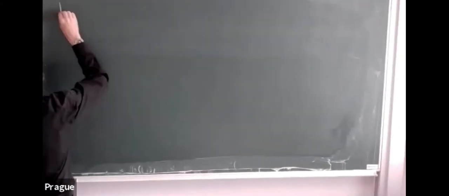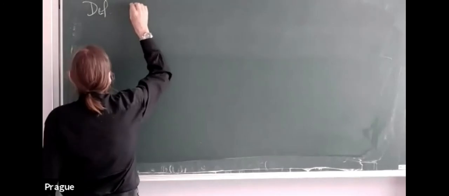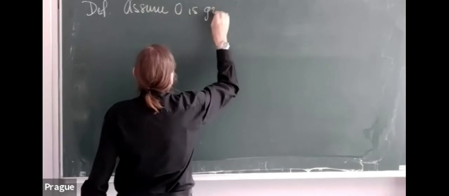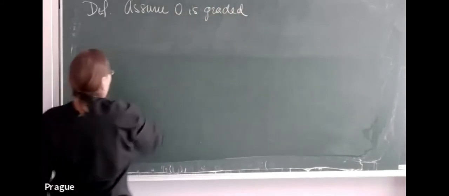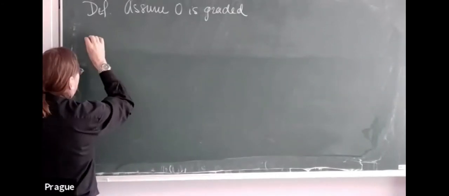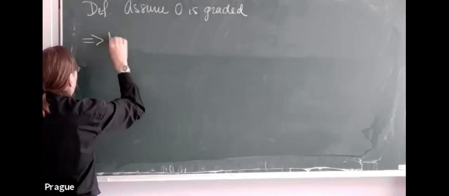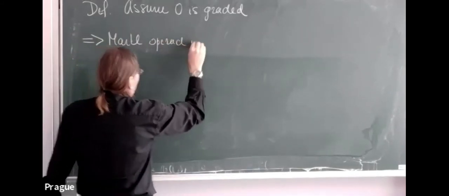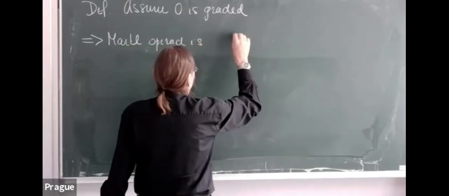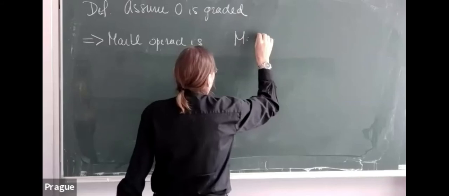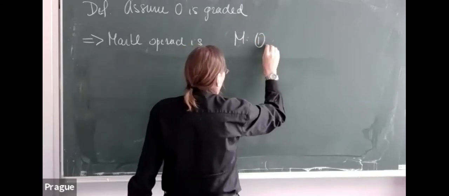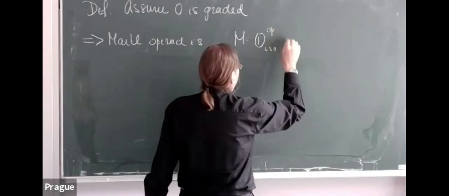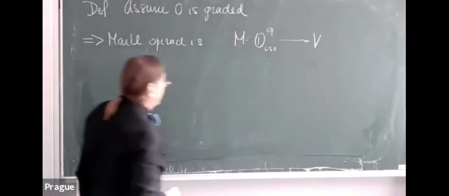Then a Markl operad is a presheaf from the subcategory of isomorphisms of O, with values in V, a symmetric monoidal category.